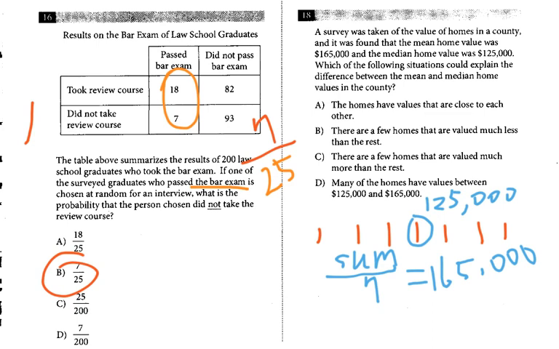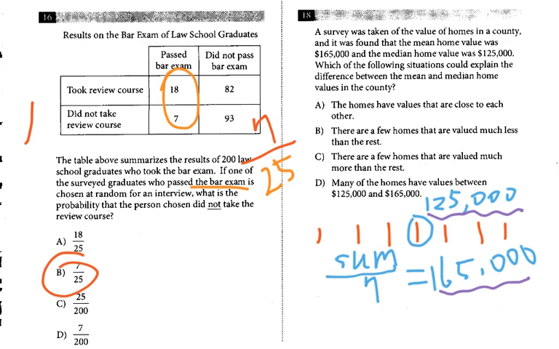So in this situation, the homes are definitely not close to each other, because you can see that these two values are really different. And for B, a few homes that are valued much less than the rest.